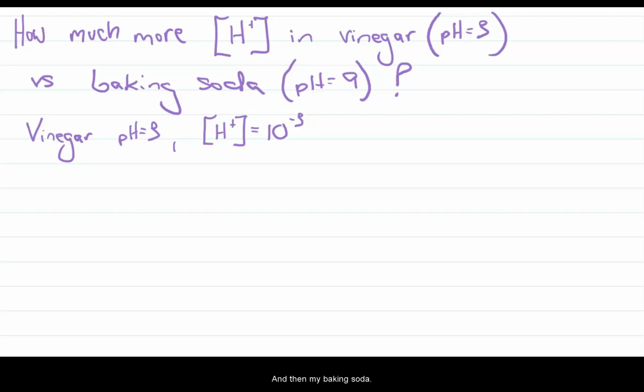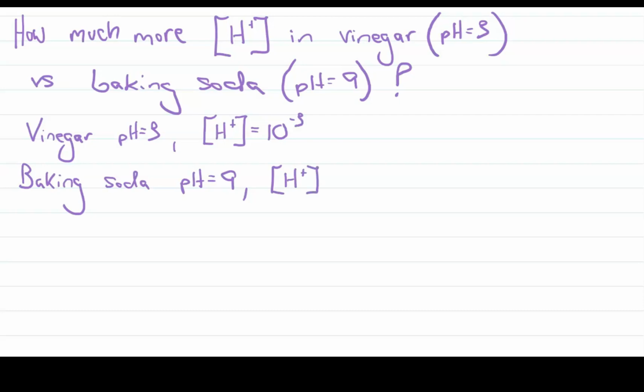And then my baking soda, with its pH of 9, has a hydrogen ion concentration of 10 to the minus 9.